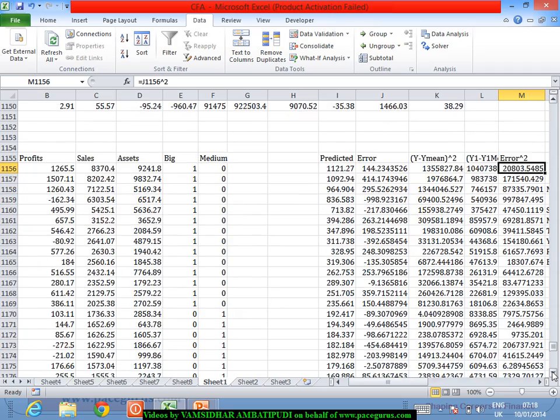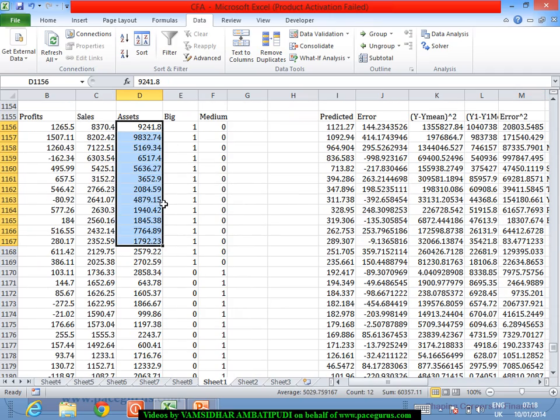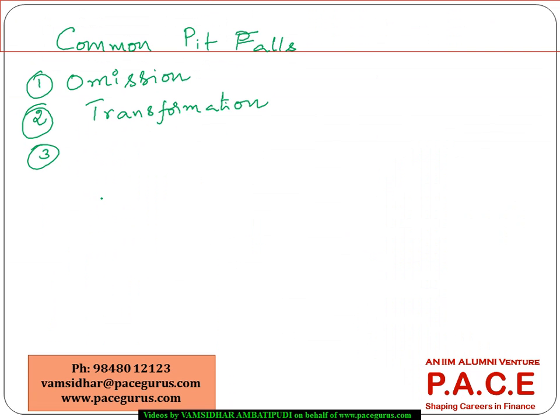So instead of taking the asset numbers as they are, I take a logarithm on it, I take a square root of it, I take something else on it. So any kind of logarithmic or non-linear transformation on the variable, and then use the transformed variable in the regression process. Even that might be possible.